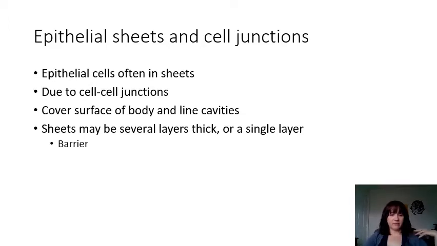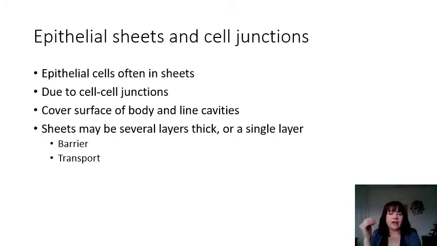For example, on the surface of the body, these are important for acting as a protective barrier. On the interior of the stomach, also an important barrier. However, sometimes they do need to have a transport function. Earlier, we talked about gut epithelial cells. These intestinal cells are acting as a barrier, but they are selective.